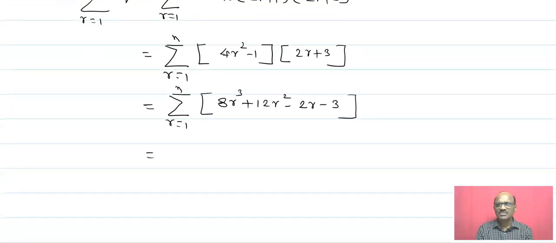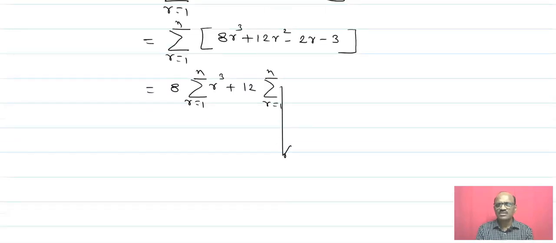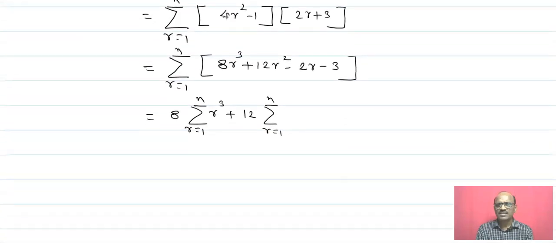Now their simplification is 8 summation r is equal to 1 to n of r cube plus 12 summation r is equal to 1 to n of r square minus 2 summation r is equal to 1 to n of r minus 3.